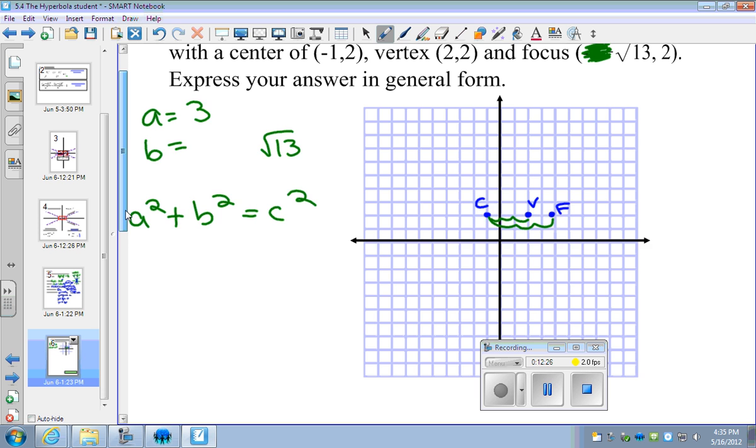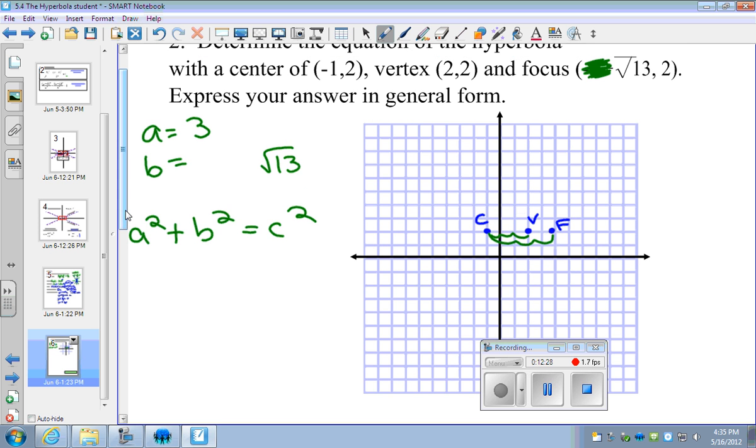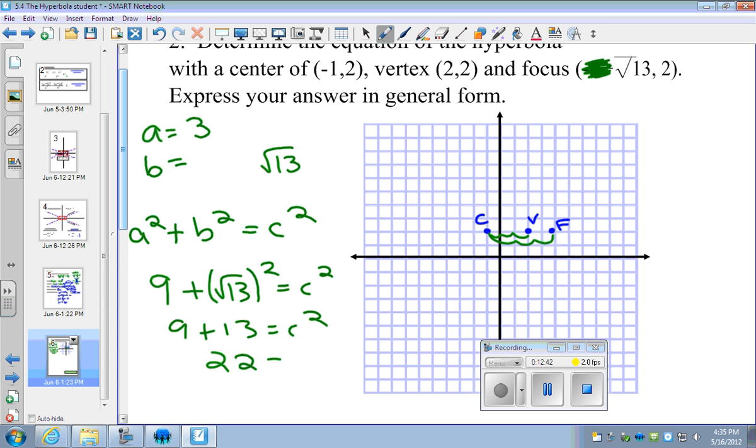So I'm going to change this into 9 plus root 13 squared equals c squared. 9 plus 13 equals c squared. 22 equals c squared. C is equal to, I can't think today. This is C. That's my problem. Oh, geez. Actually, I'm just going to start this entire question over.